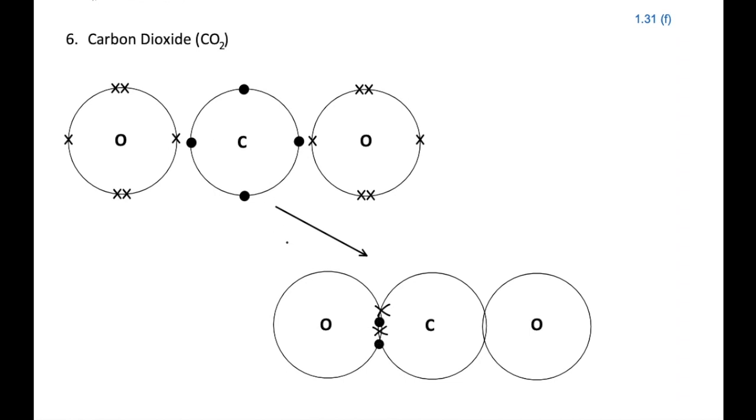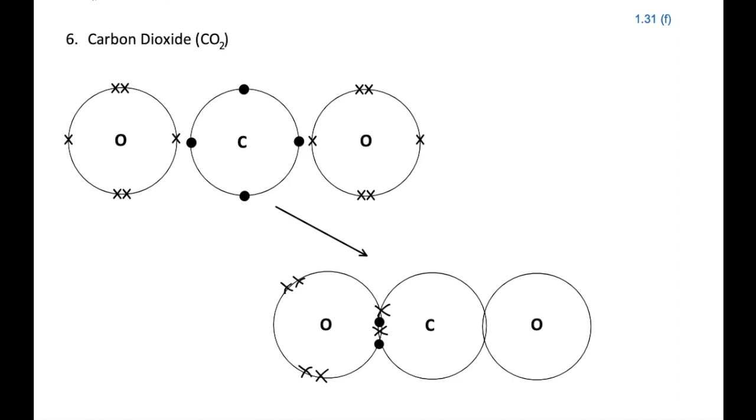so that's 1 double bond, and we've got oxygen covalently bonded to carbon. Oxygen has a full outer shell in this situation, but carbon doesn't. Carbon has 1, 2, 3, 4, and these 2, which wouldn't be involved in bonding, 5, 6. That's not enough.